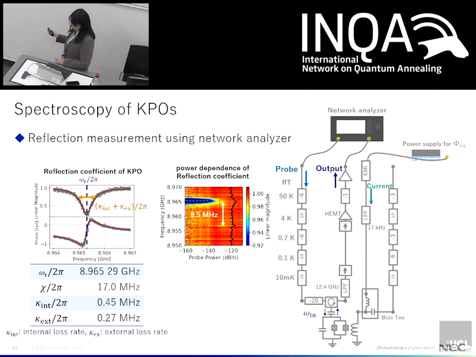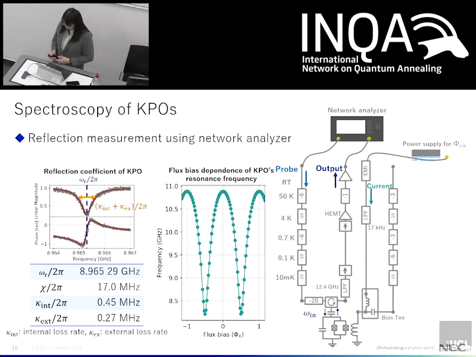From this measurement and the result of the power dependence of the reflection properties, we can extract the parameters of KPO as shown in this table. Also, by measuring the flux dependence of the reflection coefficient, we can see the resonant frequency changes periodically, as shown in this figure.